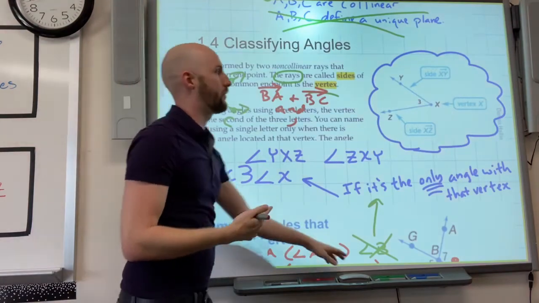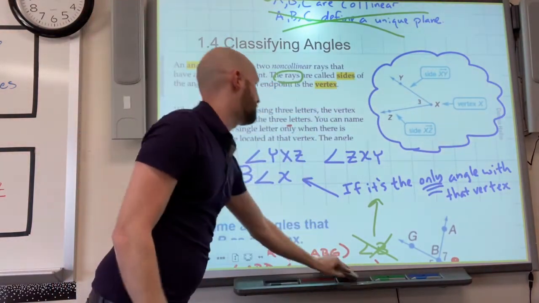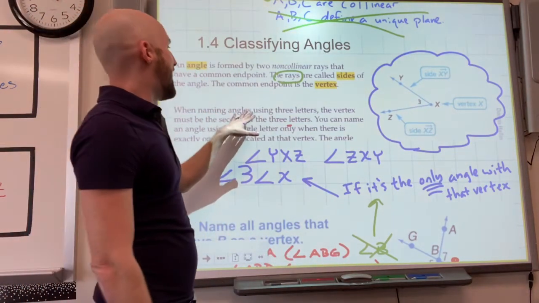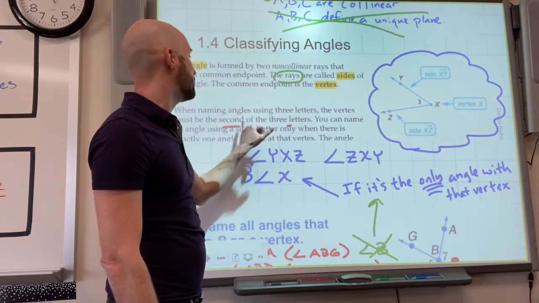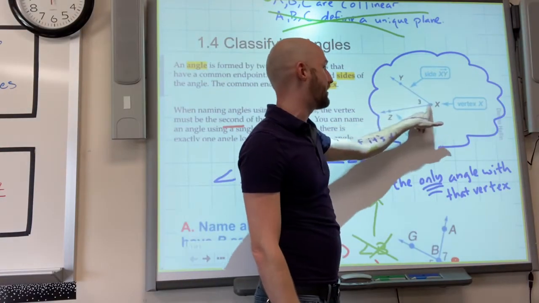Okay, so those are all different things that might just be vocabulary related. Here it says, when you're naming angles, we have to use 3 letters, and the vertex will always be the second, or the middle, of them. So I could refer to this as YXZ.